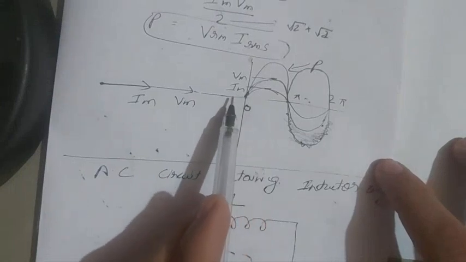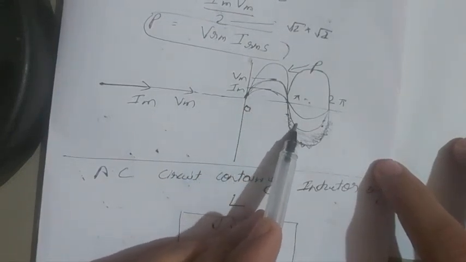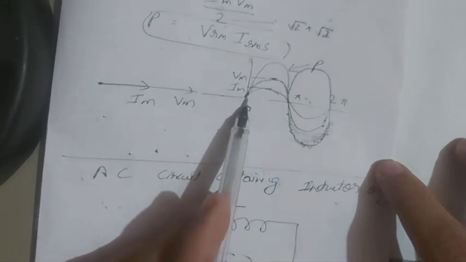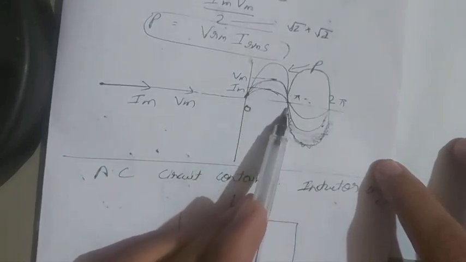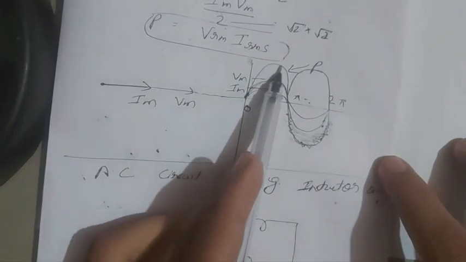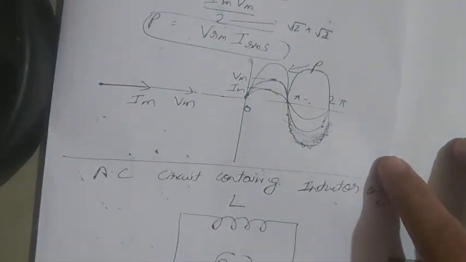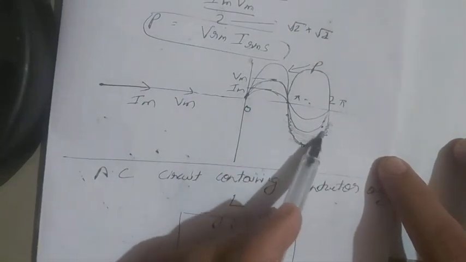So you can see how the waveform of current is formed for a complete cycle and how the waveform of voltage is formed for the complete cycle. And the power is always positive.